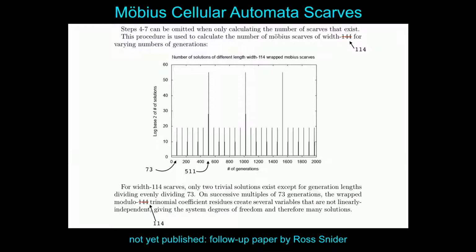These are the number of generations that you find at different lengths with 114 wrapped Mobius scarves. You can see we have log base 2 number of solutions, so lots of different loops at these marks that are 73 apart.